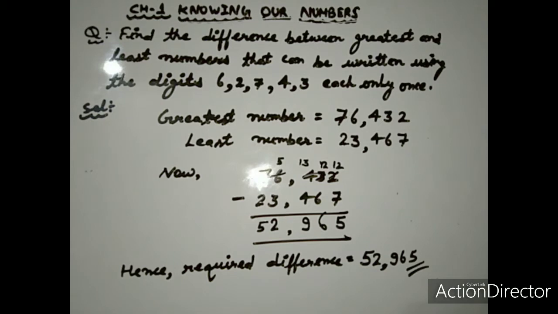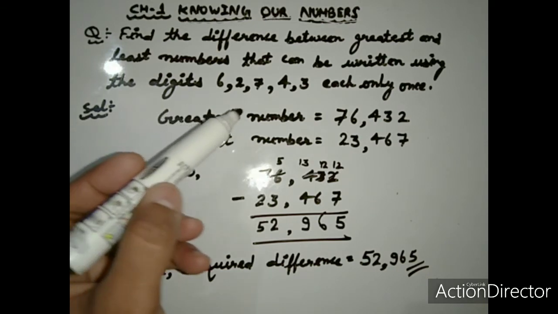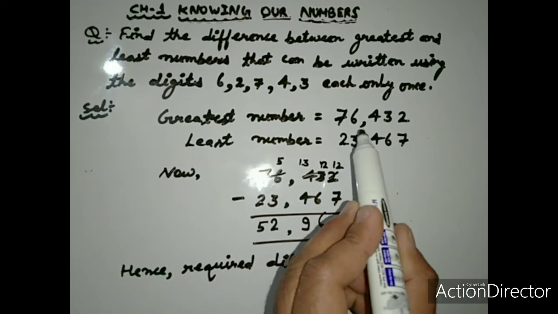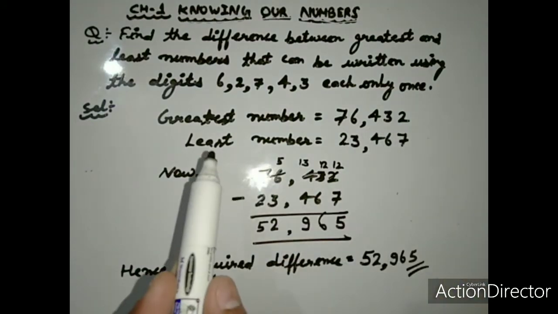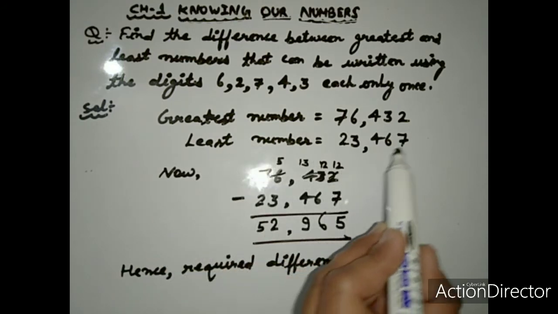Okay students, so remember these things. When we generate the greatest number, we write the digits in descending order, and when we generate the least number, we write the digits in ascending order.